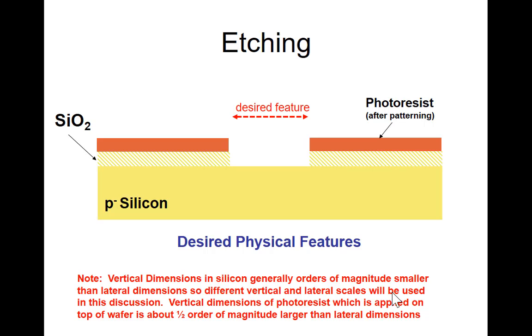It will eat away this part you want to eat away, but then it may eat away the mask, the photoresist material here, a little bit. The amount that it eats away on this material versus the intended material, you call that selectivity.